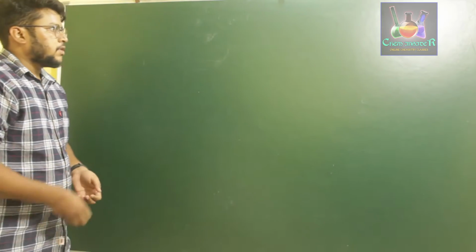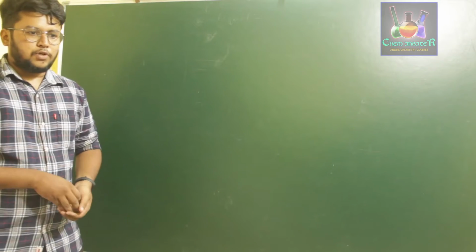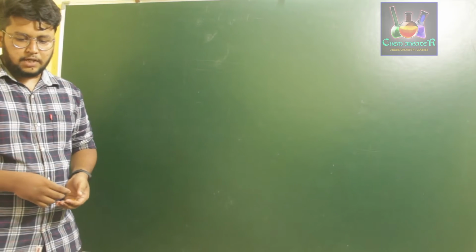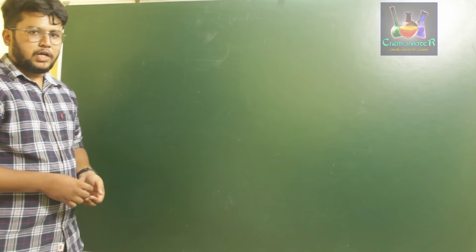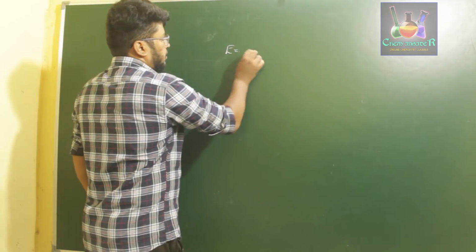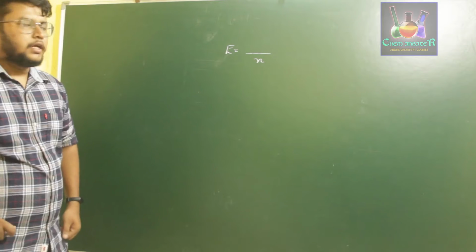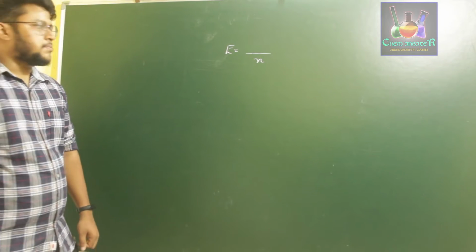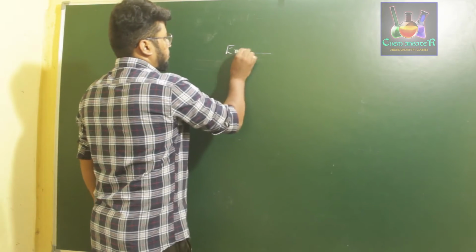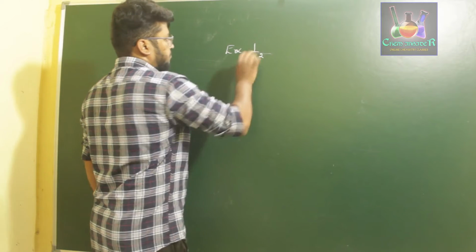So if you start with the energy of an orbital, we have understood certain topics regarding the energy of a hydrogen atom, right? When you consider the energy of a hydrogen atom, we defined energy in terms of the principal quantum number, where E is proportional to 1 by n square.